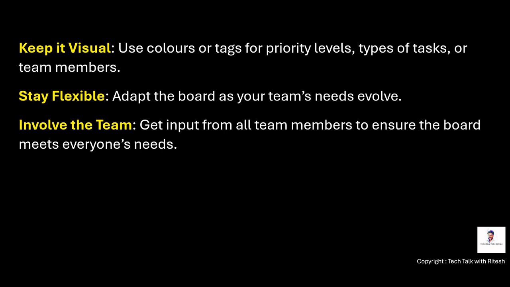So for example, if something should be available for review, we can just tag that card with the review tag, right? So we can create tags also if we are using any digital platform, for example in Trello, etc. Use colors or tags for priority levels, types of tasks or team members.